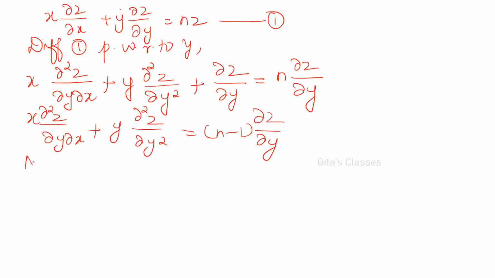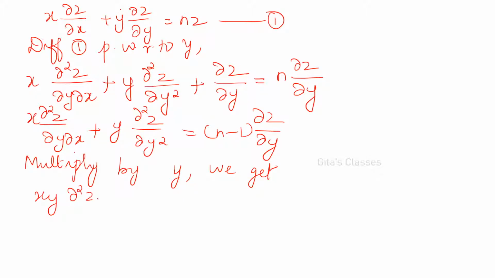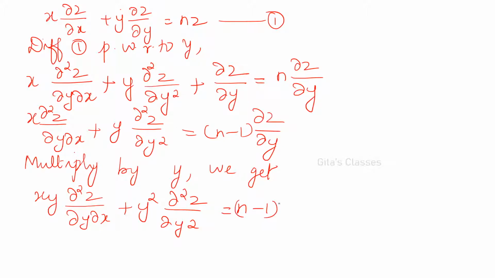Therefore, throughout multiply by y. We get xy into ∂²z/∂y∂x plus y squared into ∂²z/∂y² is equal to (n minus 1) into y into ∂z/∂y. This is equation number 3.